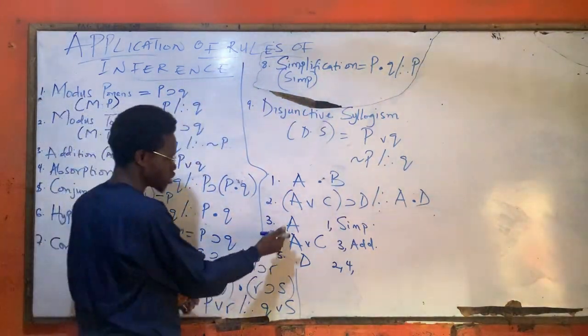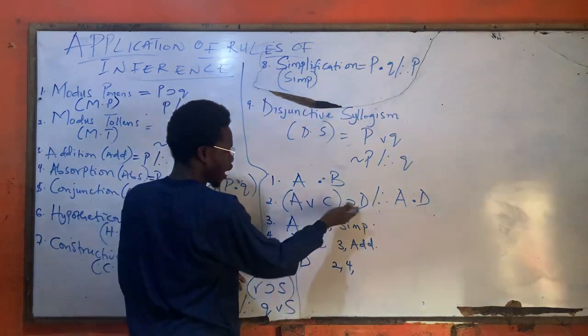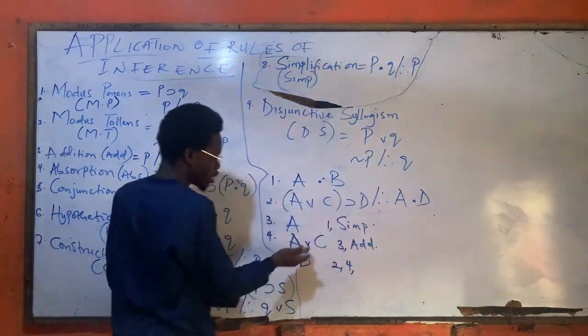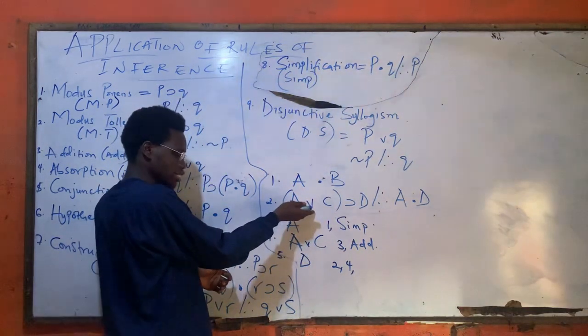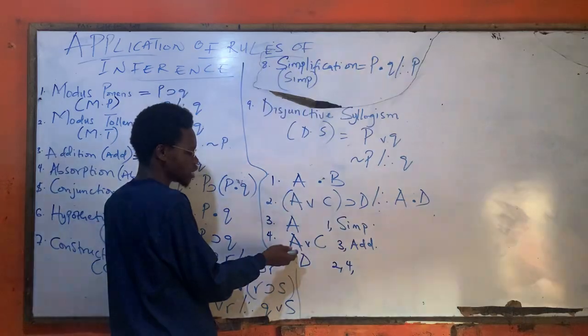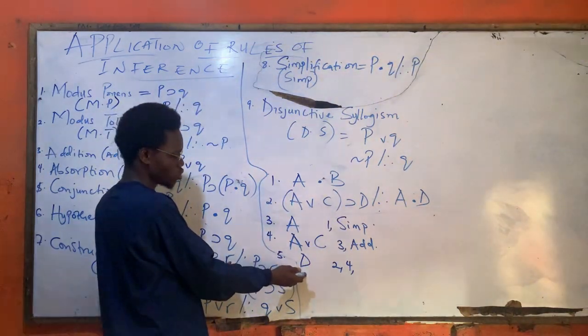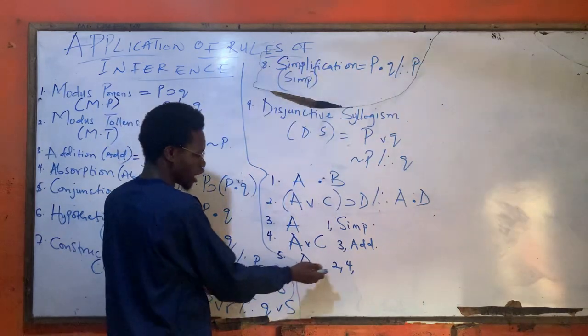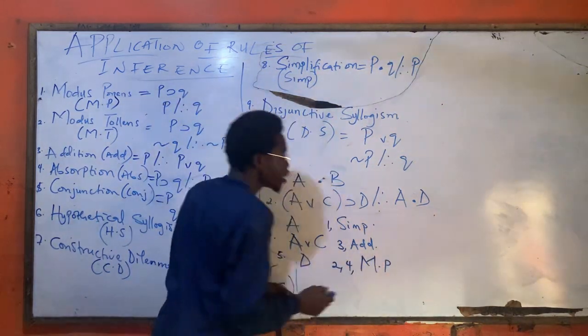Conclusion. This is my antecedent, A or C, implies D. D is my consequence. Then this line 4 is already giving us my antecedent. Then I can now infer, okay, that was D as my what? Conclusion. So which gives me what? D. Line 2 and line 4. Modus ponens.